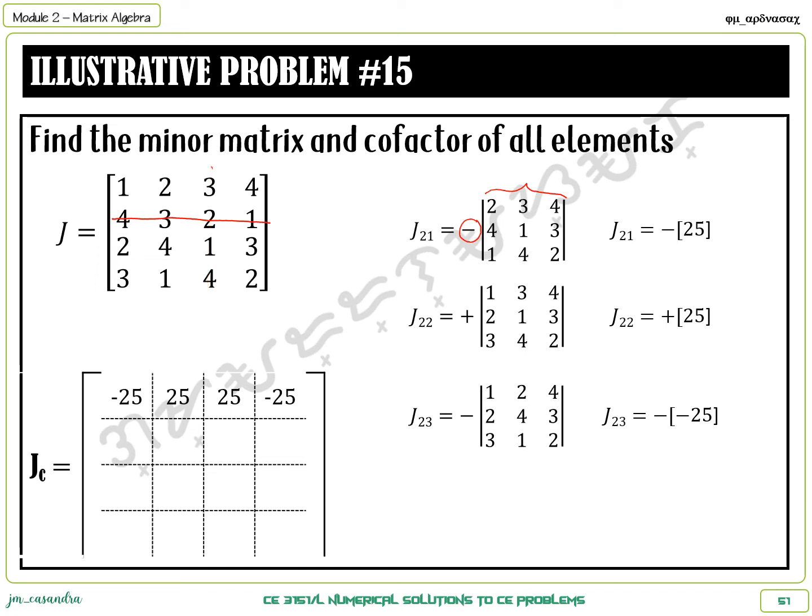For the next element, 2, 4, that will now be equivalent to positive 25. Okay, so putting it now in our cofactor matrix, that will be negative 25, 25, 25, negative 25.